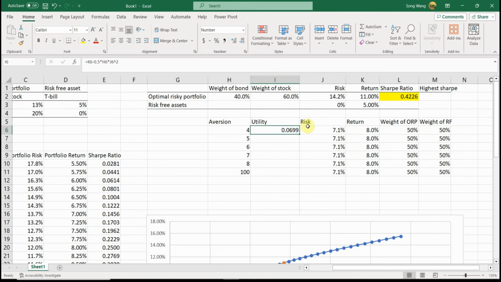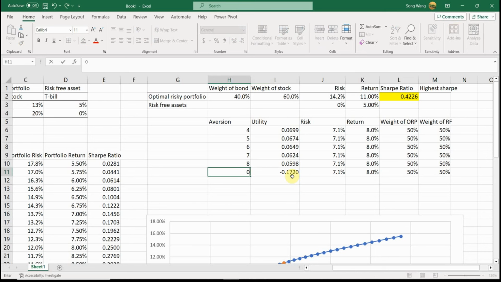You can see that for this extremely risk-averse person, the utility is negative, so that's not good for this person. But I can put a 0 here to see whether this person is a little happier. Yes. If this person has a 0 risk aversion, then the utility would be higher, and that means this person is happier.